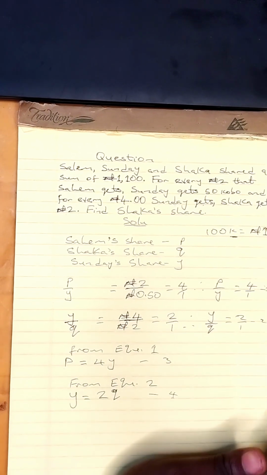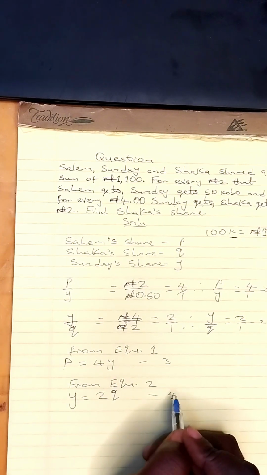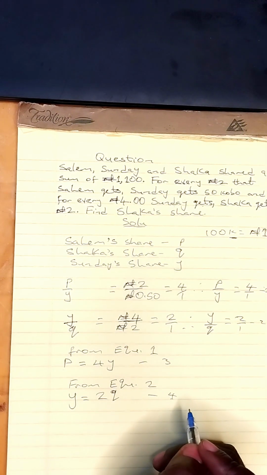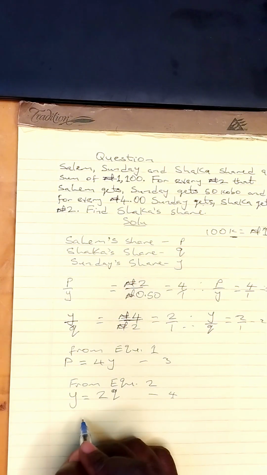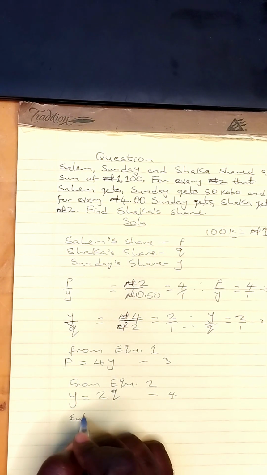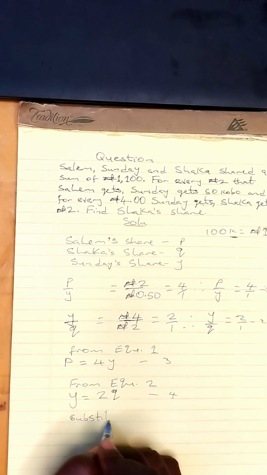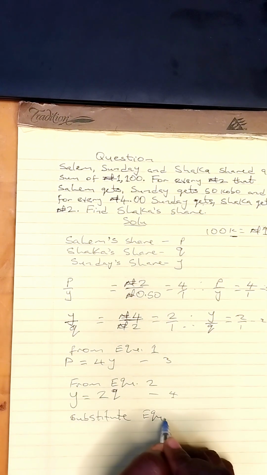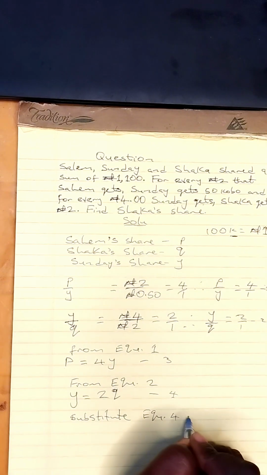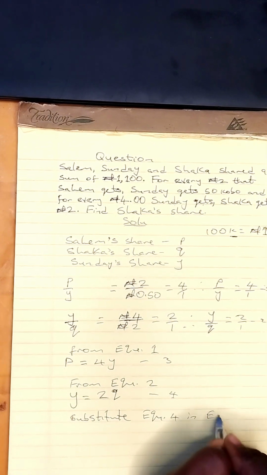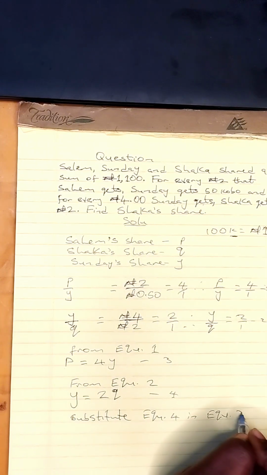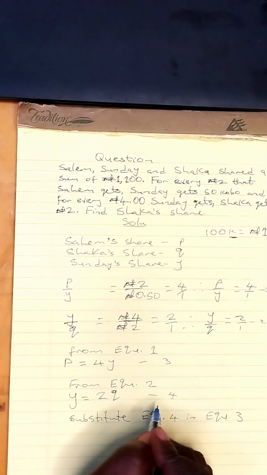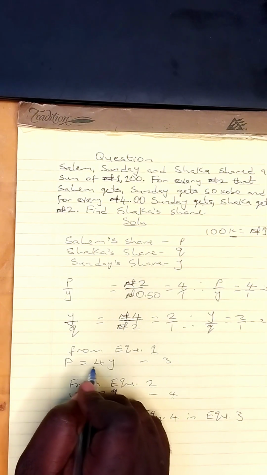Nah. So from equations 3 and 4, what are you going to do next? You substitute equation 4 in equation 3. Basically, y is the subject of the formula in equation 4, and we have P equals 4y.